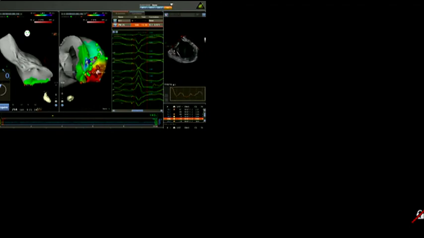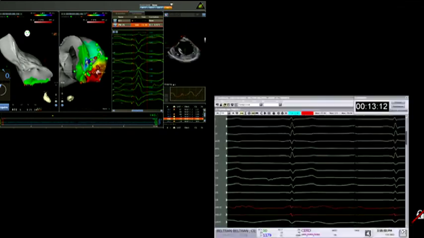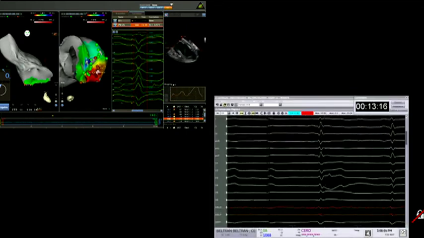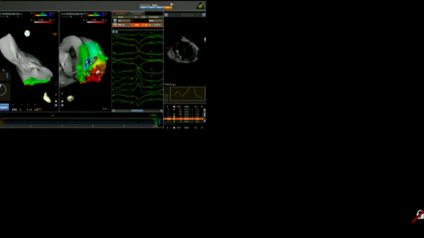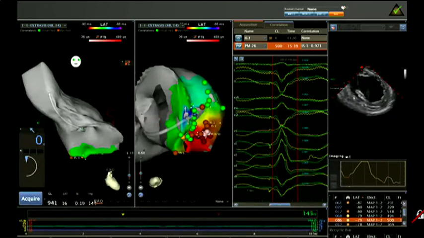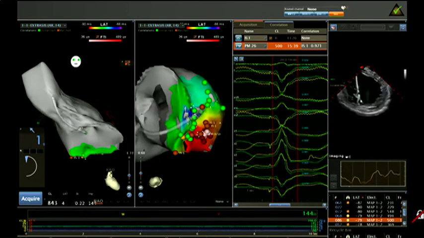Miguel, why don't you advance the catheter to the base of the papillary muscle? Well, if I produce ectopy... what we show here is the importance of the green tip, of the green dot. Could you please rotate the ICE? Well, here it is.